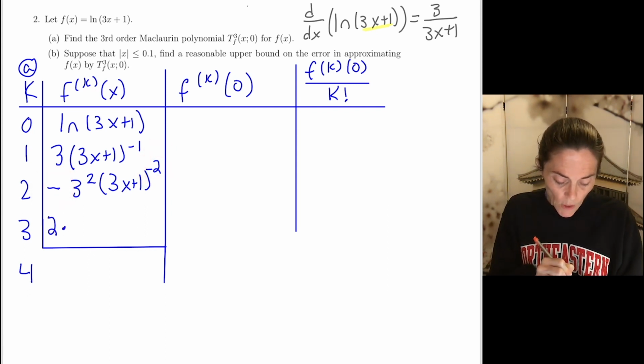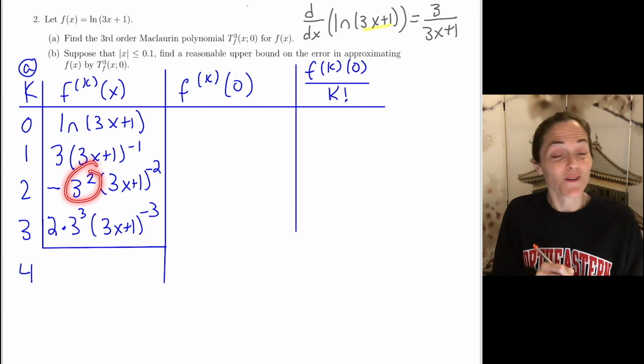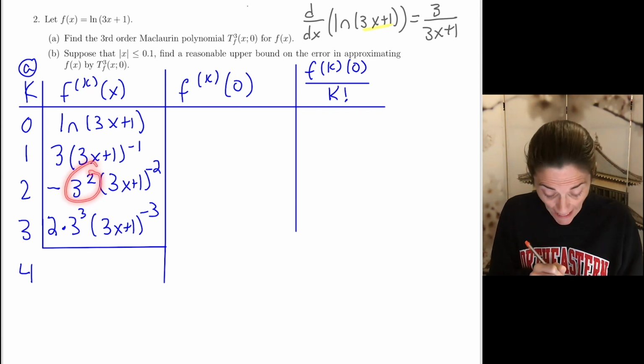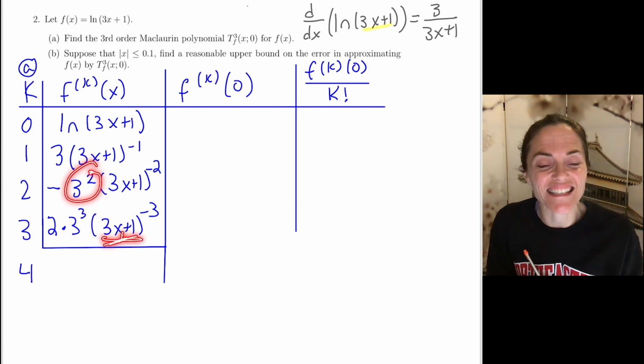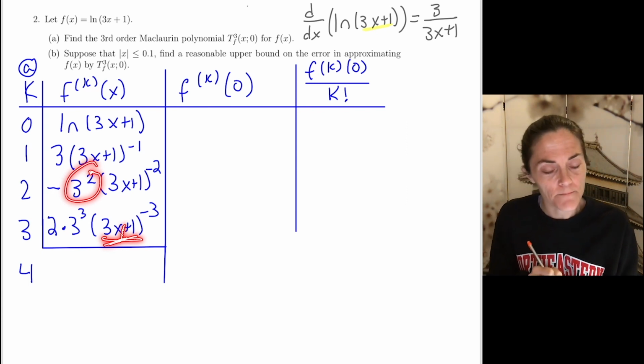And then I'll go ahead and write (3x + 1) to the minus 3. But then this becomes 3 cubed because this 3 squared just gets recopied, and I multiply by the derivative of the inside function, which is another times 3. Okay, so here we have the third derivative.